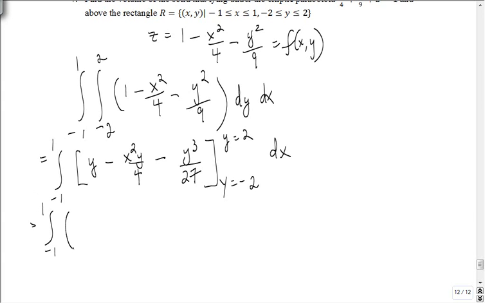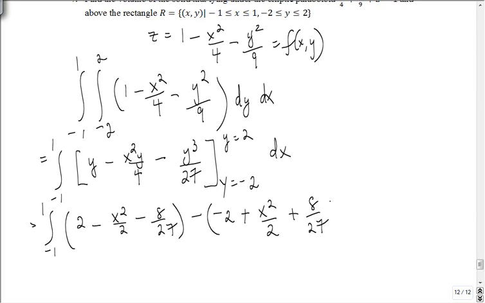Substitute: 2 minus x squared over 2 minus 8 over 27, minus, put negative 2, that's minus 2 plus x squared over 2 plus 8 over 27.